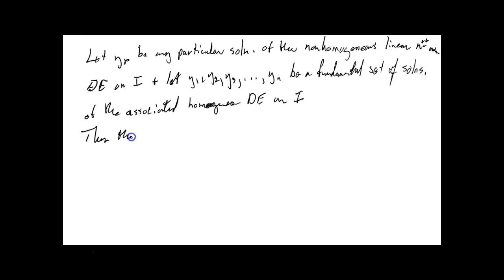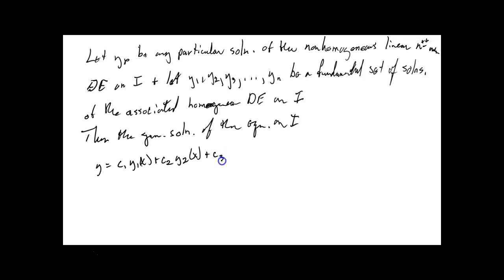Then the general solution of the equation on that interval is y equals C1 y1 of x plus C2 y2 of x plus C3 y3 of x plus dot dot dot plus C sub n y sub n of x plus any of these y sub p's with no arbitrary coefficients.